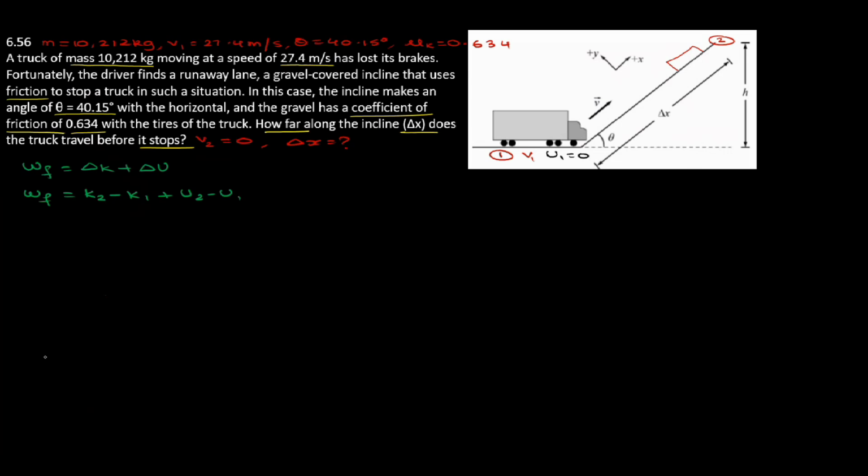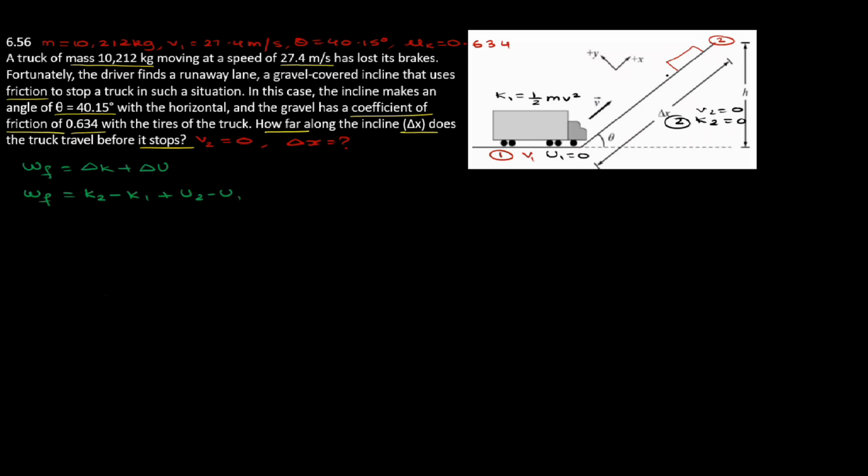Since the truck is moving, it will have a kinetic energy, and we can write that kinetic energy K1 as half mv squared. At the final position, the truck has come to a stop. So my kinetic energy will be 0. The truck has come to a stop, my velocity is 0, and if velocity is 0, kinetic energy will also be 0.